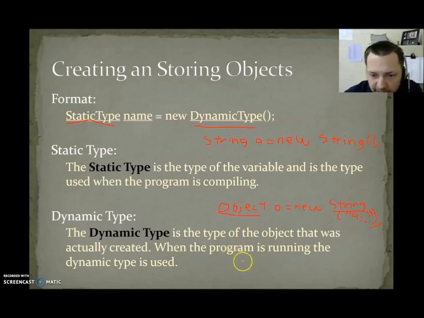So if we were to compile and we said o.charAt(1). Well, we know, first of all, that our string at spot 1.